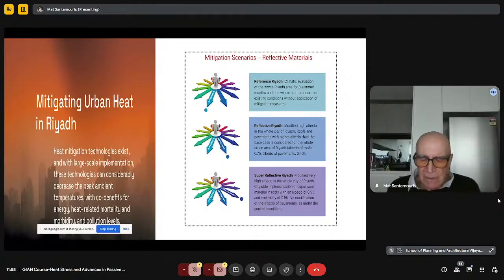This is the reason that the thermal performance of the supercool materials is much superior to that of the conventional cool materials. The supercool materials are now available everywhere in the world. They come in different forms: a paint, a plastic, a metal, a tissue, whatever you want. They can be easily used at the city scale, but mainly the white ones on the roofs of buildings.